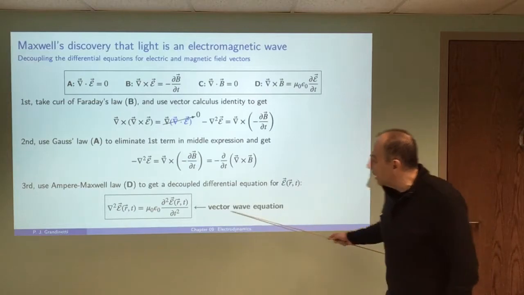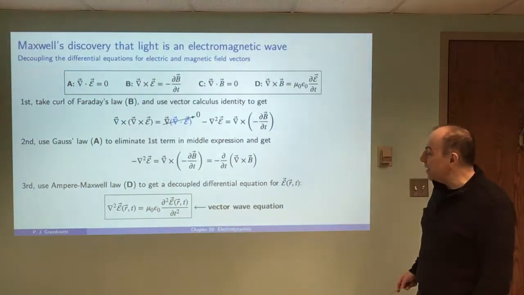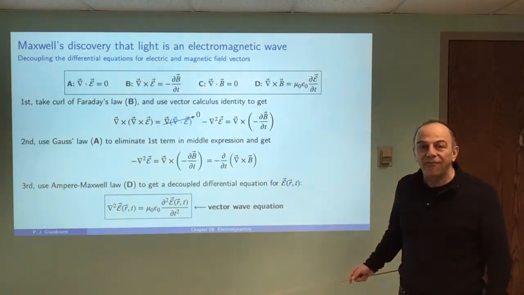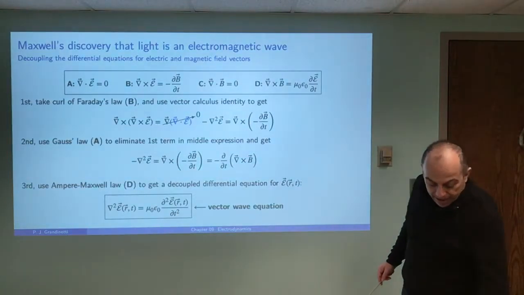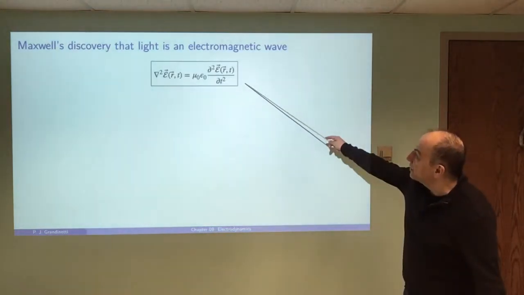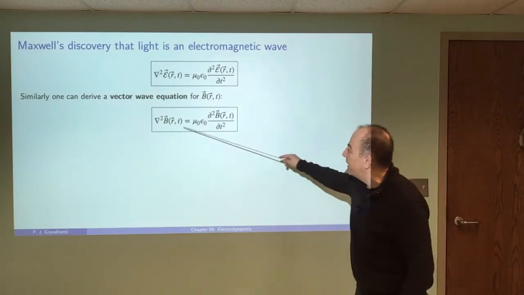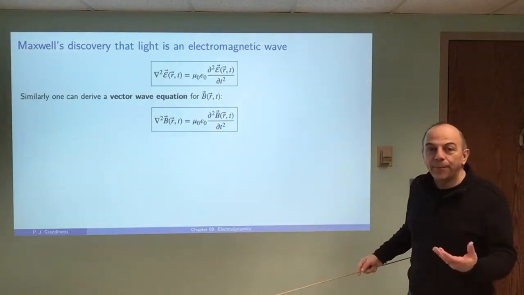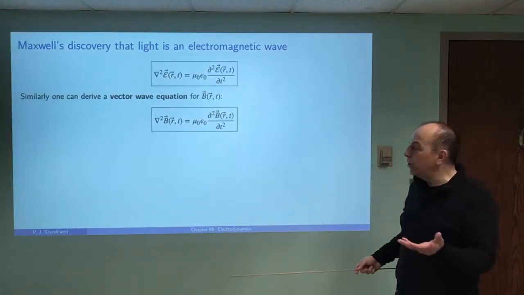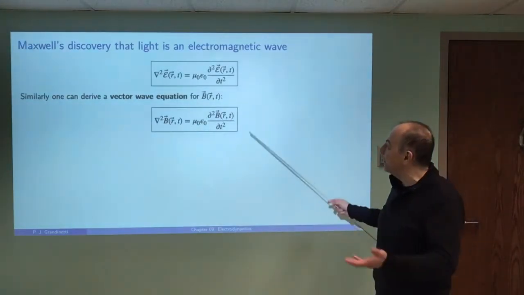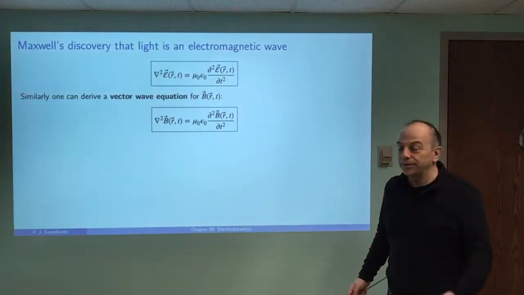So this decoupled equation for the electric field is a vector wave equation. Similarly, we could do the calculation for the B field, and we get a decoupled second order partial differential equation for the B field that is a wave equation also.